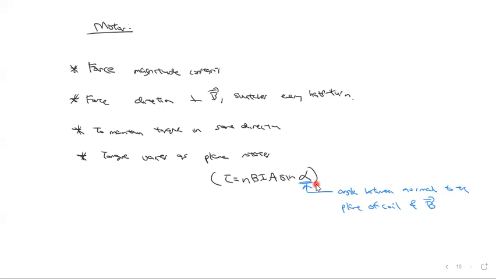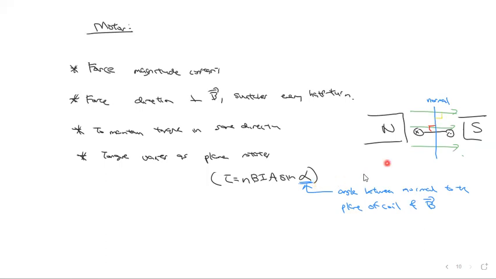So in other words, if you've got the North Pole here and the South Pole here, and your magnetic field lines are going like so, in the very start you've got the normal to the plane like so. Normal, so it's 90 degrees. Since the normal to the plane is also perpendicular to the magnetic field, then this will be alpha in this scenario.